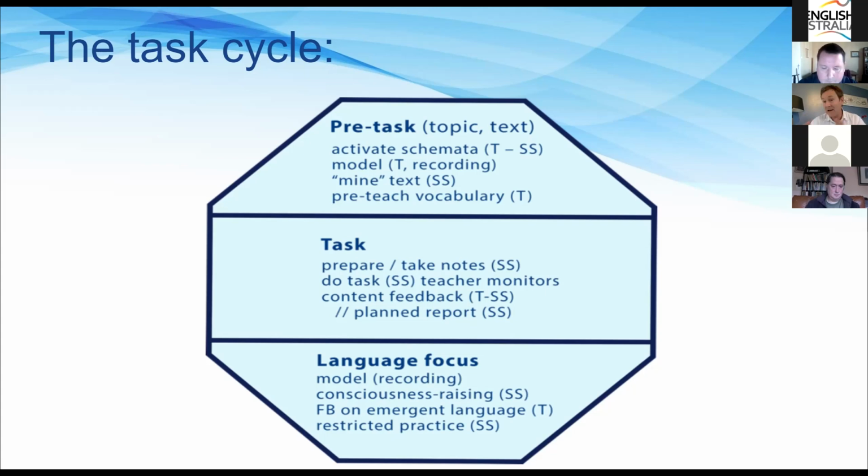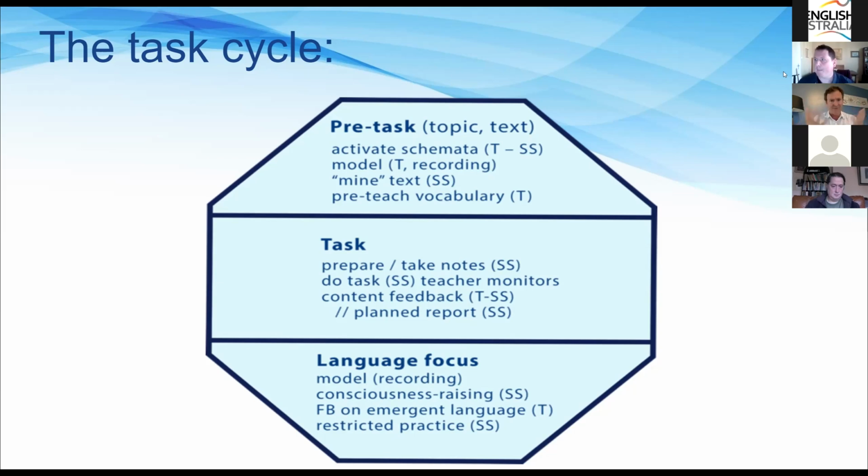Perhaps a model of the task could be useful, or something else that will stimulate the communication later on. We believe that tasks are better if they do have a text in there somewhere. So the ones in the book tend to.